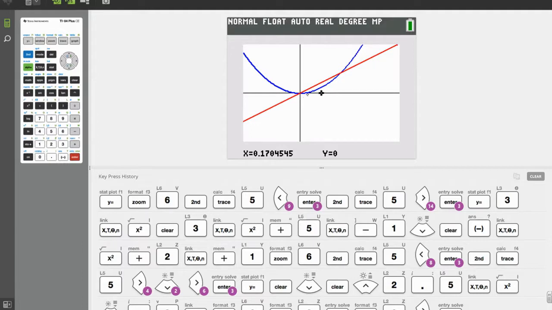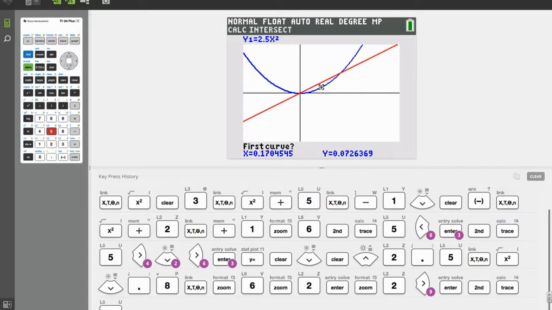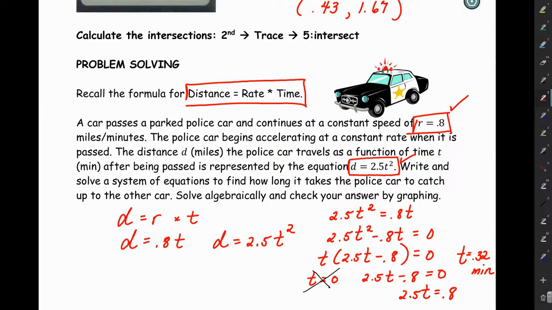And we know we have an intersection point at 0, but that doesn't make sense in context of the problem. So we're just going to check this intersection point. Second trace, number 5. And again, we just have to move our spider near that intersection point. Hit enter, enter, enter. And we get a value of 0.32, confirming what we got algebraically.